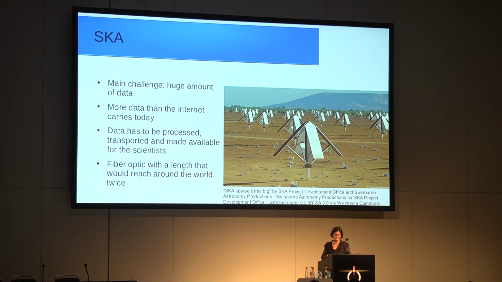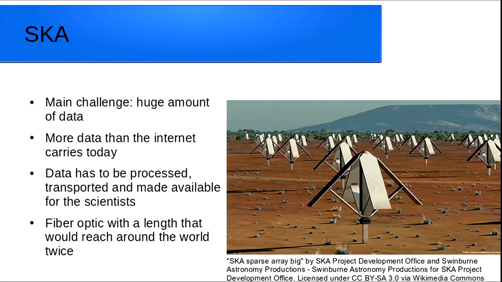therefore it's called the Square Kilometre Array. And within this project too, the main challenge is the huge amount of data. I had an interview with the technical director of the SKA earlier this year, and he told me they are planning to have more data on their stations than the internet carries today altogether.